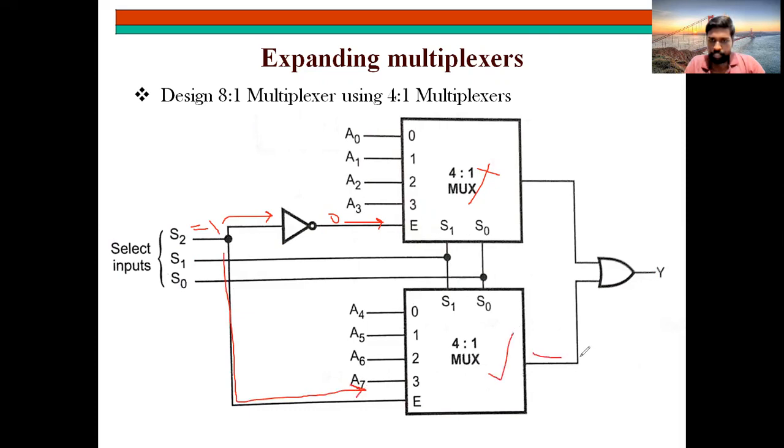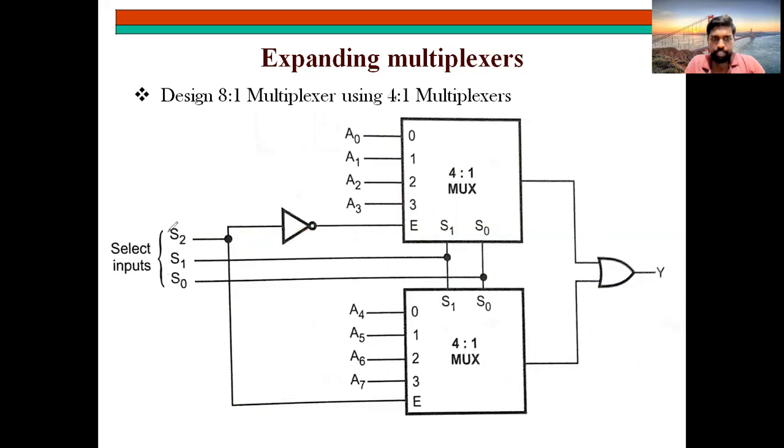So this output will pass through this and you will get Y equal to the output of this one. So in order to have this mechanism, please see that one enable input is the reverse of the other. So add an inverter in any one, either you can add here or you can add here, no problem. You can add the inverter anywhere, but adding the inverter is a must.